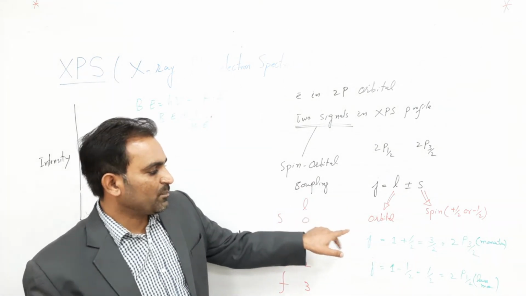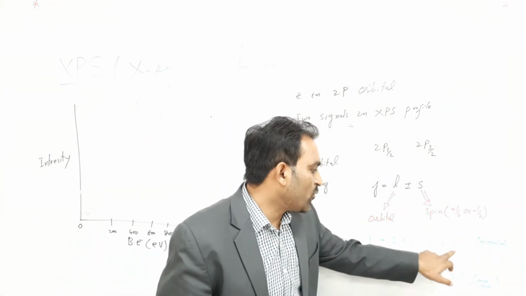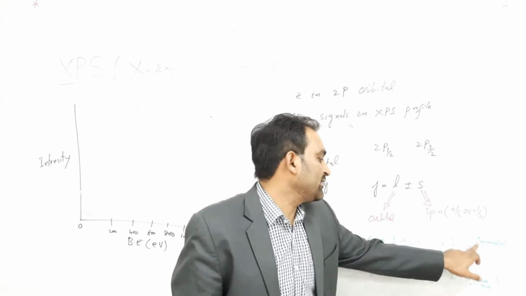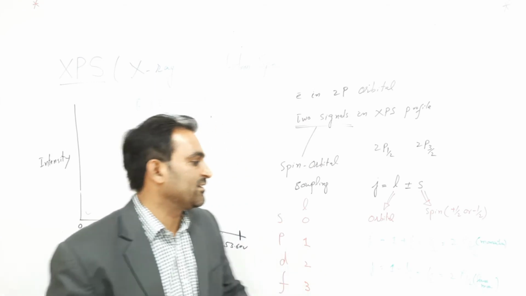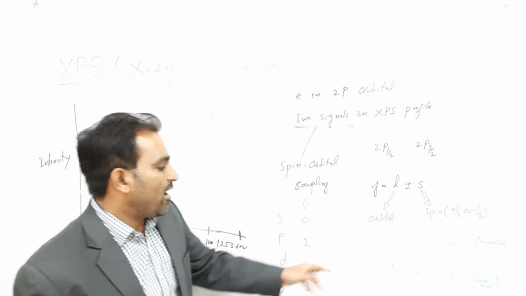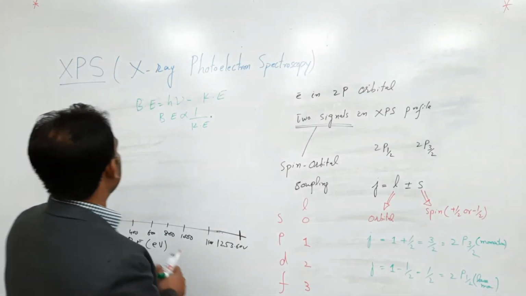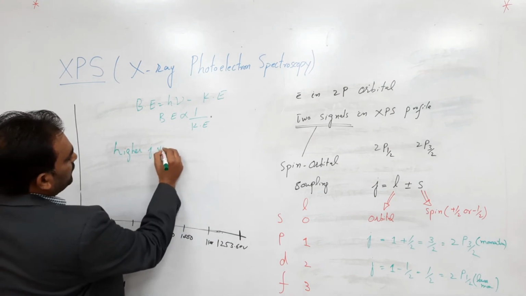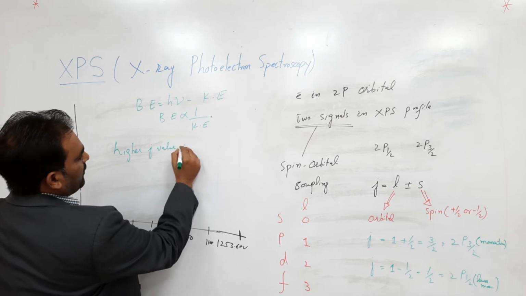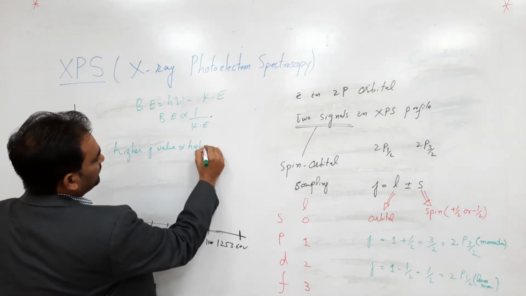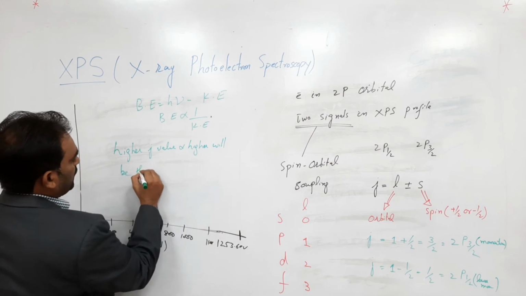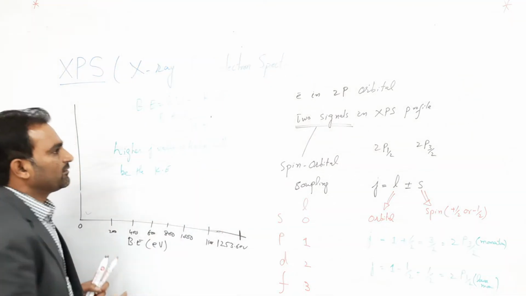If the electron is moving with this kind of motion, for this kind of J values, its kinetic energy will be higher. Higher J value means higher kinetic energy.